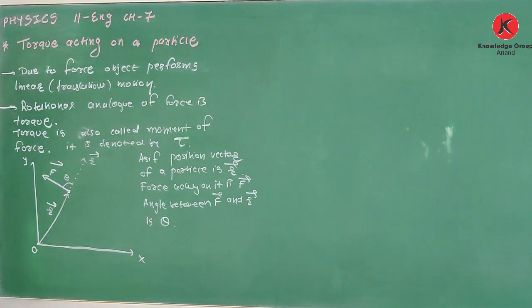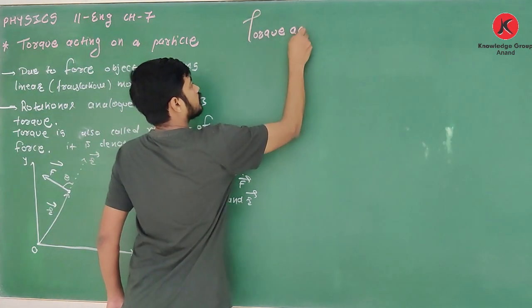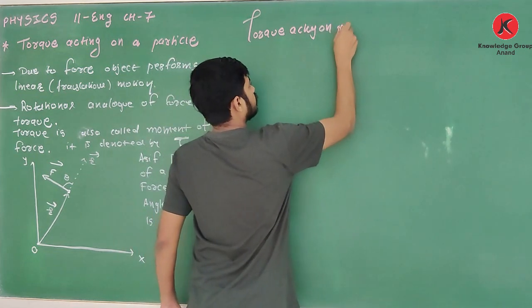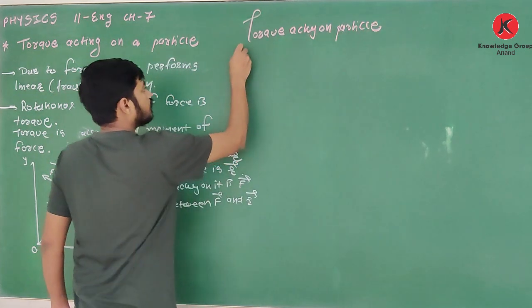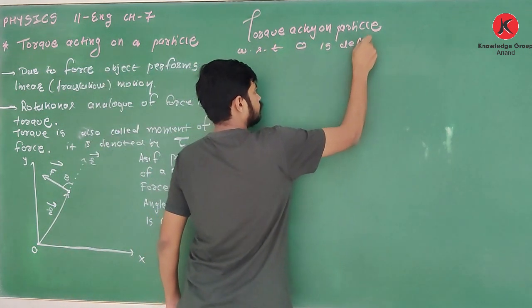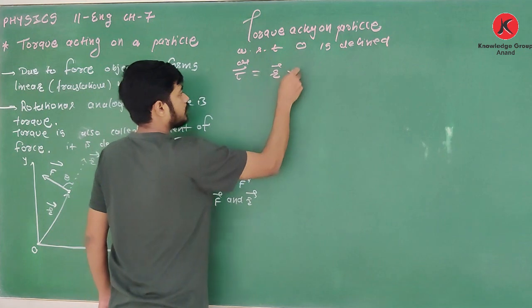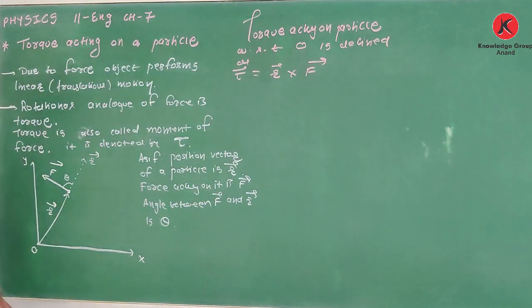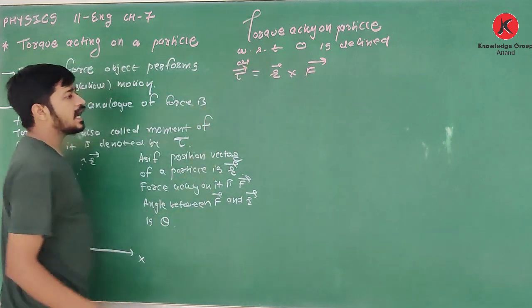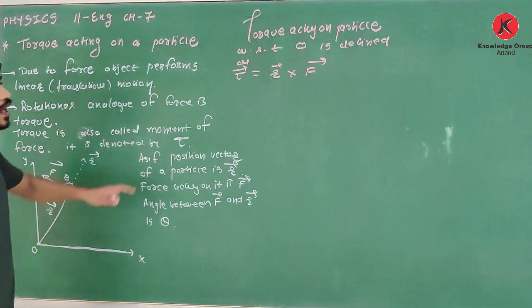So the torque acting on this particle with respect to O is defined as tau equal to r cross F, where r is the position vector with respect to O and F is the force.